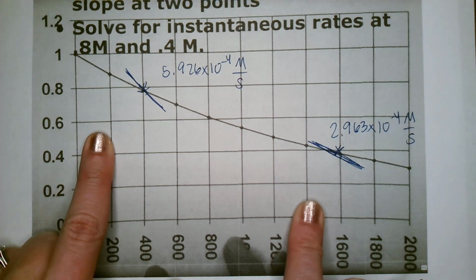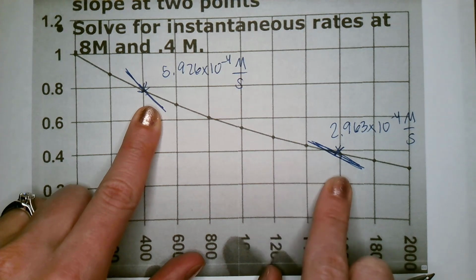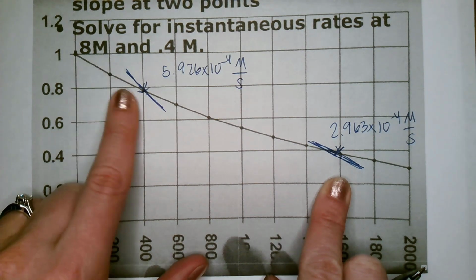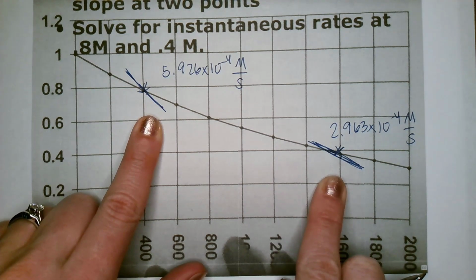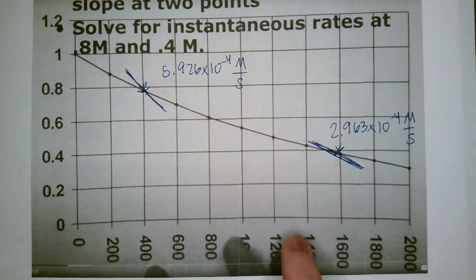We solve to find the instantaneous rate by finding the tangent of the line. That's a calculus move. I'll show you in a bit. We did the same thing. So at 0.8 and 0.4, we found the instantaneous slope. And all we're doing there is saying at that instant in time, we have a rate of molarity per second.